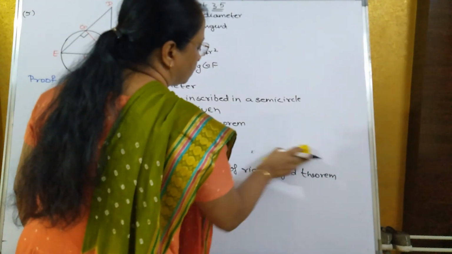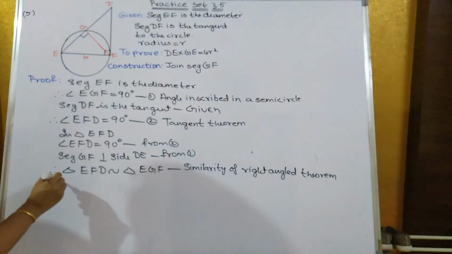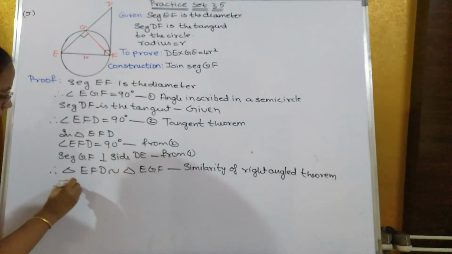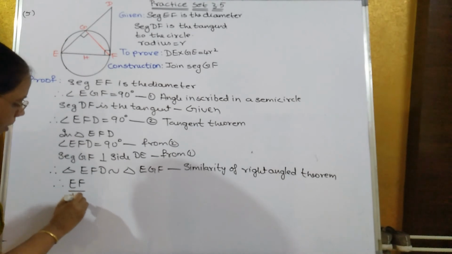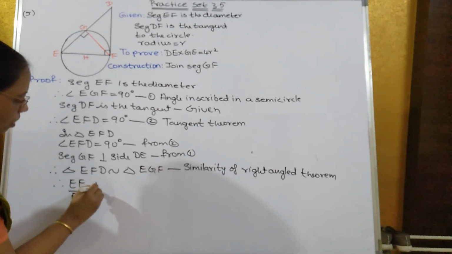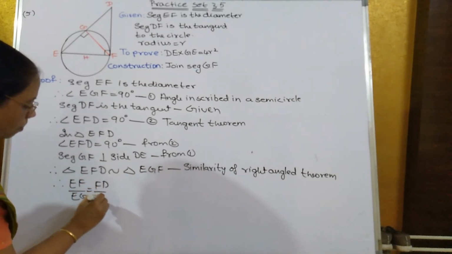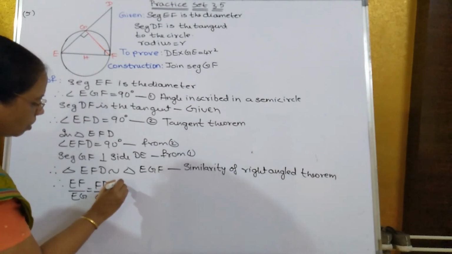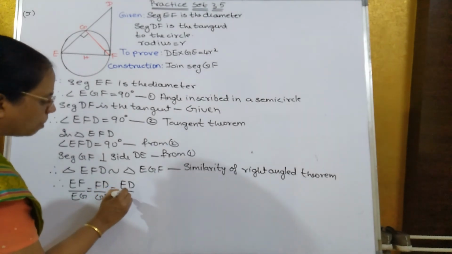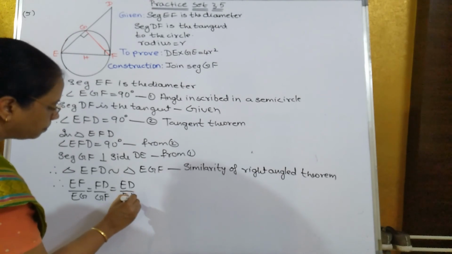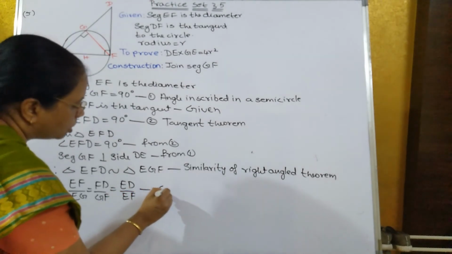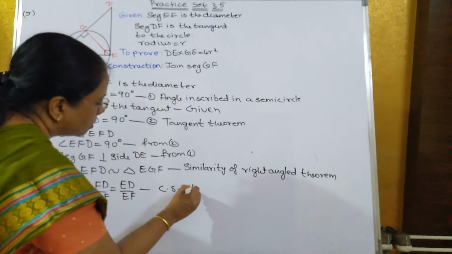Therefore EF upon EG is equal to FD upon GF is equal to ED upon EF, corresponding sides of similar triangles.